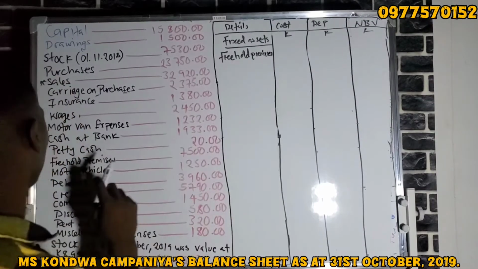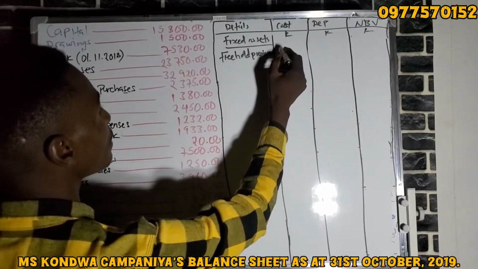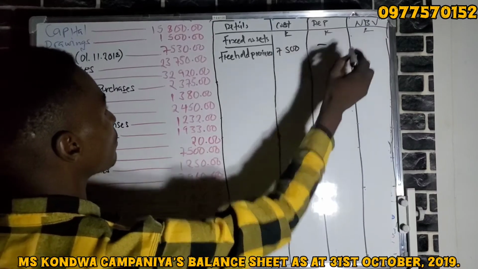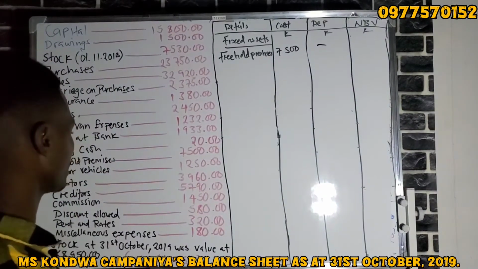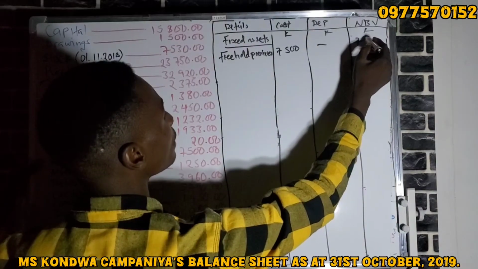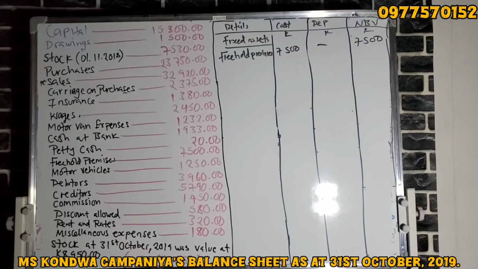How much? Freehold premises were 7,500. So in the cost column, I just write 7,500. We don't have depreciation for this asset. So the same amount will be on the net book value there, 7,500 like that.